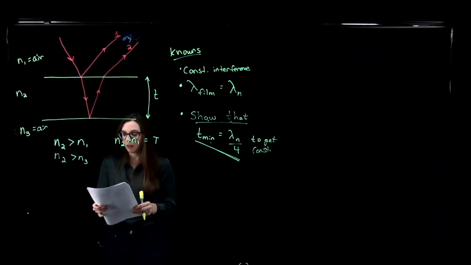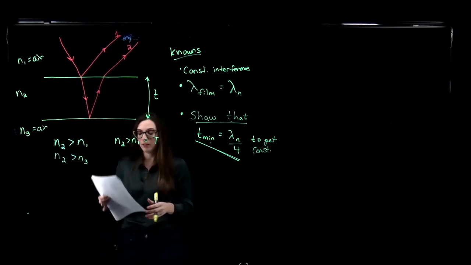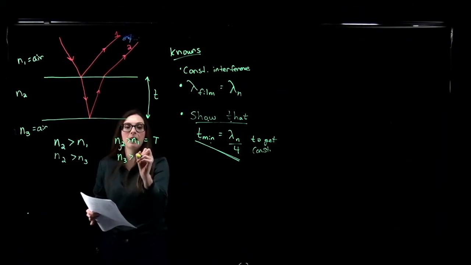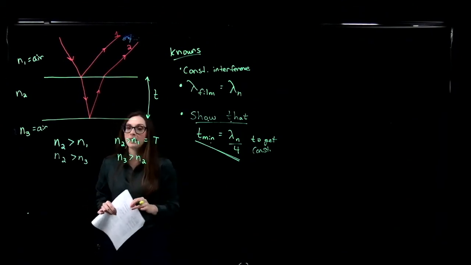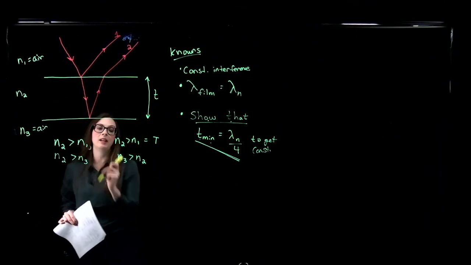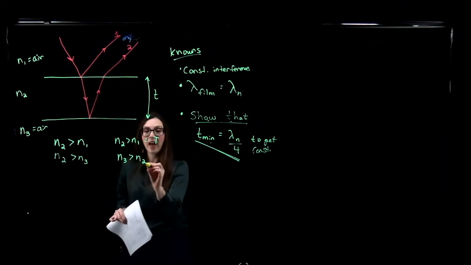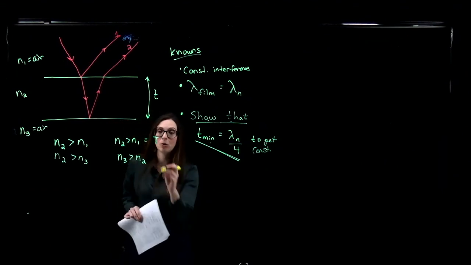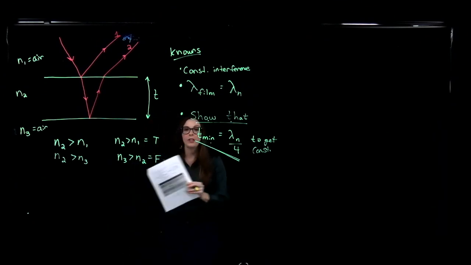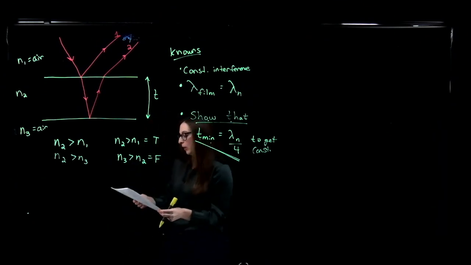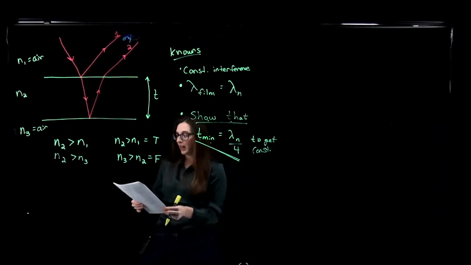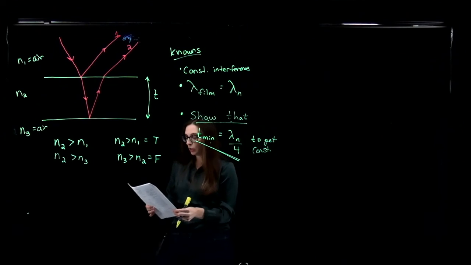The second column in our thin film truth table asks us, is N3 greater than N2? And in this case, it's not, because N3 is less than N2. So for that column, we're going to say false. So we're going to look on our thin film truth table for the row where N2 greater than N1 is true, and N3 greater than N2 is false.